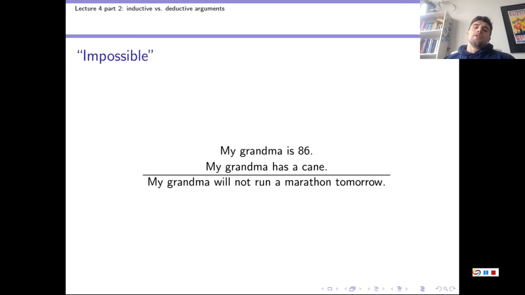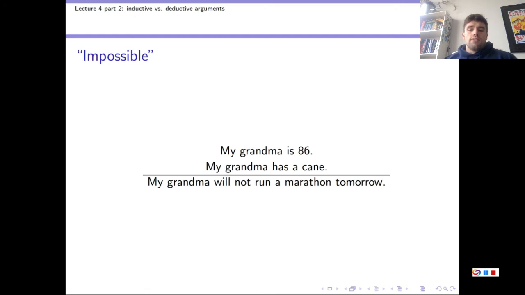Now here the conclusion is physically impossible. It's physically impossible for my grandma to run a marathon tomorrow. She's not going to do it. But it is not physical impossibility that we mean by impossible or impossibility. What we mean is logical impossibility. And actually, the conclusion of this argument, as it's written here, is still logically possible.